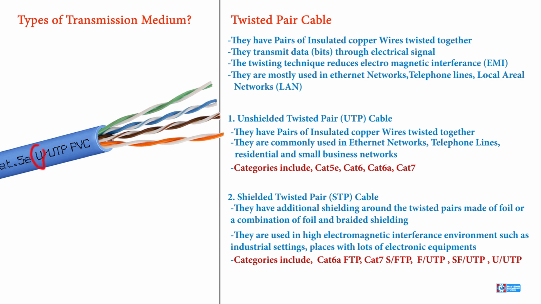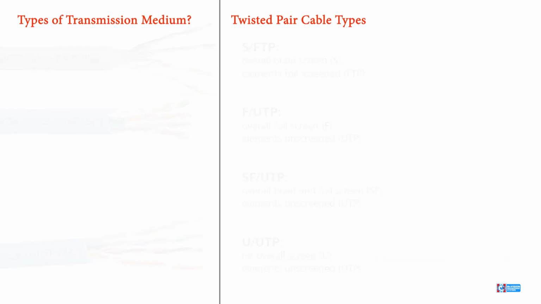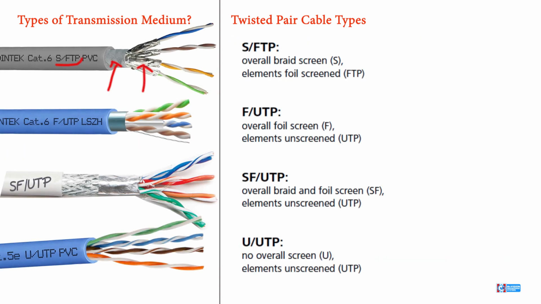The first letters indicate the type of overall shield, while the latter letters indicate the type of shielding on each pair and the balanced element. In these examples, the S/FTP means there is an overall screened element and a foil around the twisted pair cables. The F/UTP means the cable consists of 4 unshielded twisted pairs.